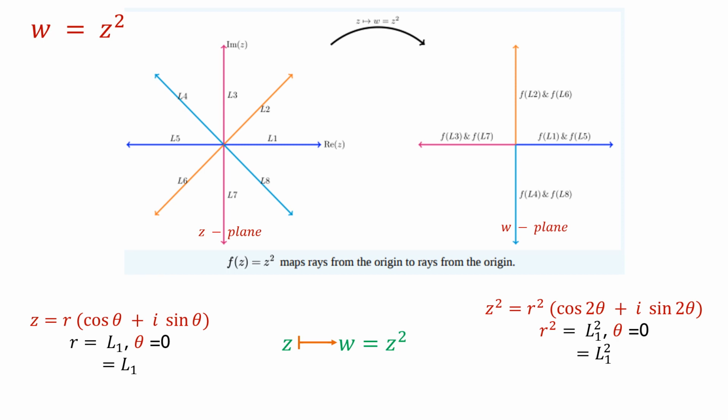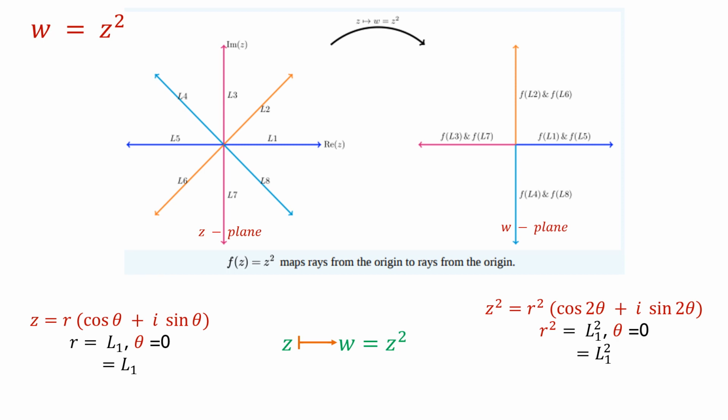Now for the ray L1 in the z plane, we have z is equal to r into cos theta plus i sin theta. So the r value is L1 and theta is 0. So substituting theta is equal to 0, we have z is equal to L1. So this ray is mapped as z square in the w plane.